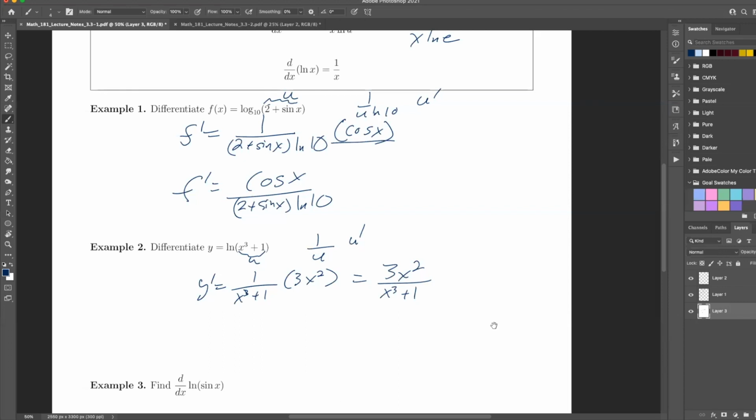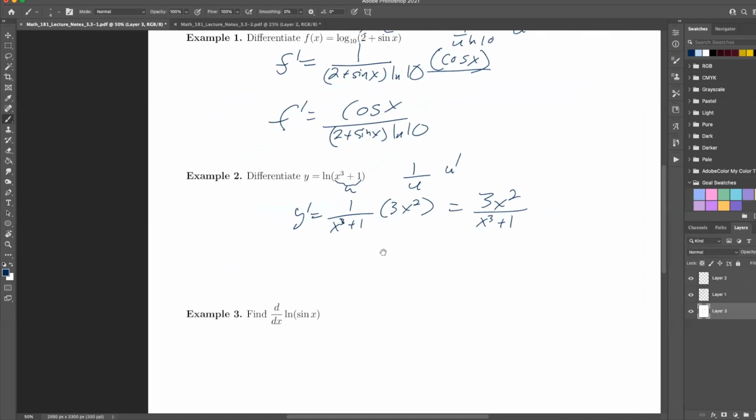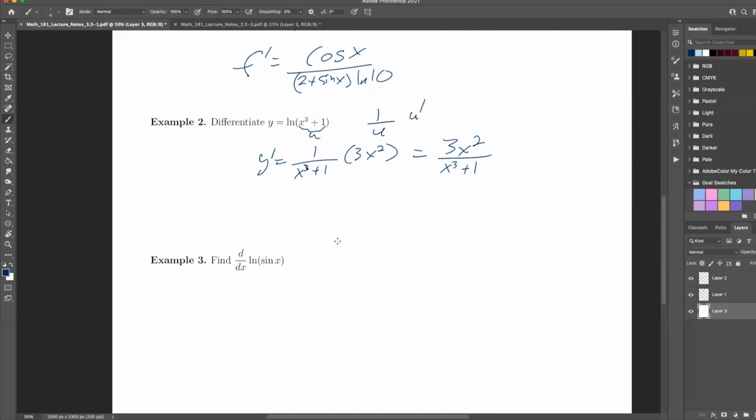All right, so next one. Here, you may differentiate this, you may show it in this form, and this means take the derivative, same thing as before. We're going to let this equal u, so it'll be 1 over u, and so we'll have 1 over sine of x. The derivative of sine of x is cosine of x.